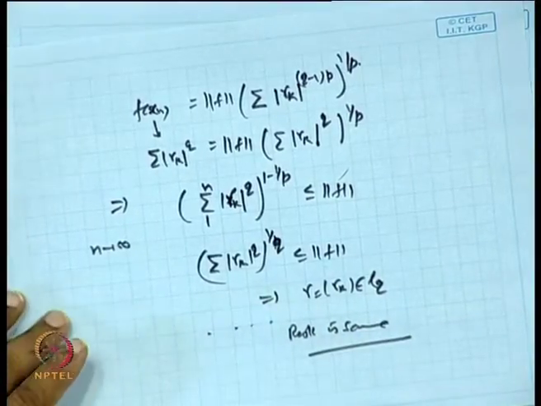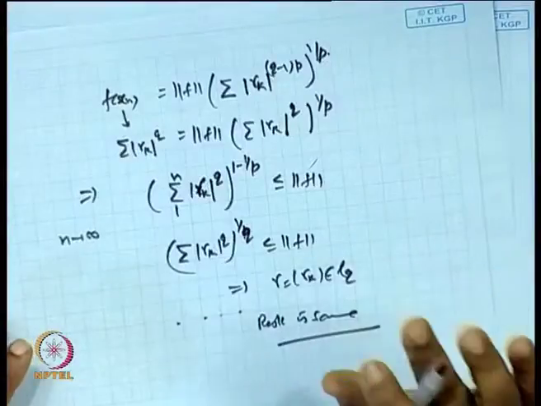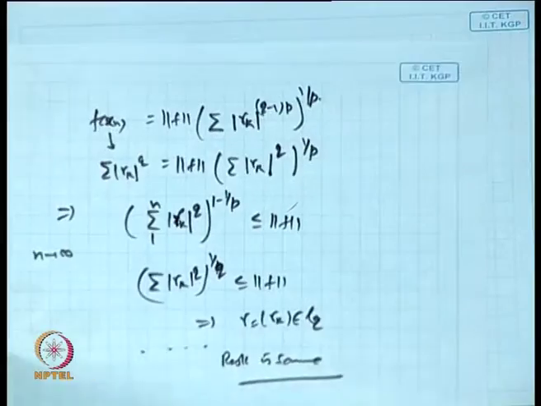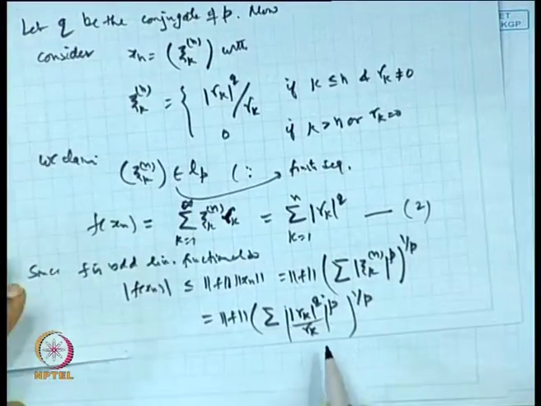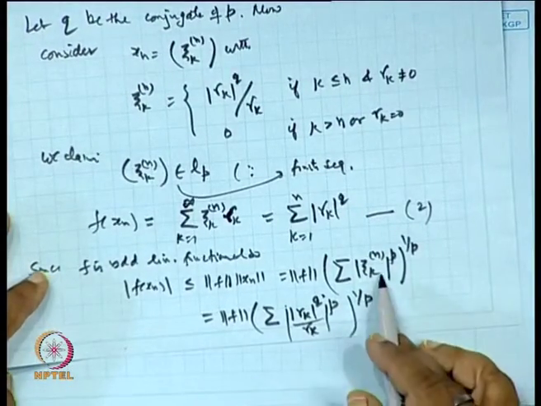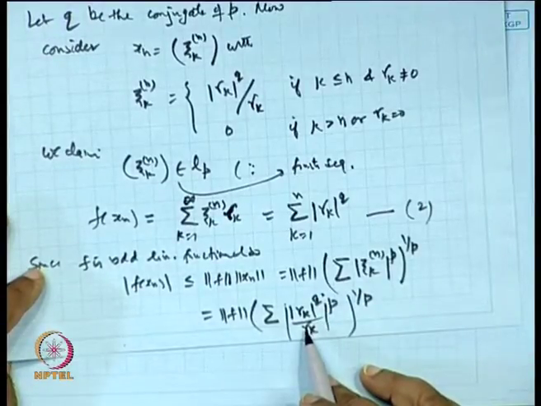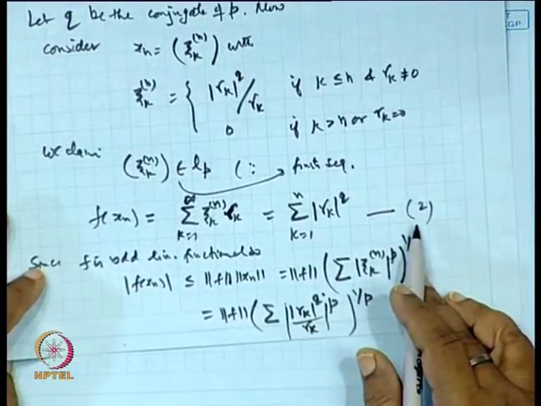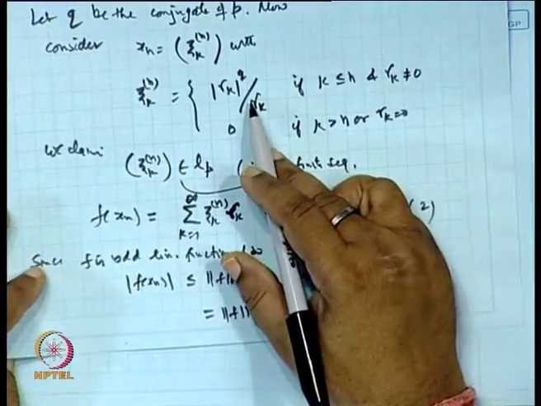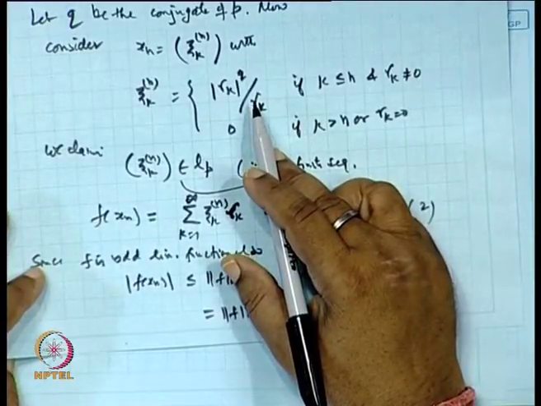Sir, only one point, sir. In the previous case, from equation 2, how can this be a point in LP?